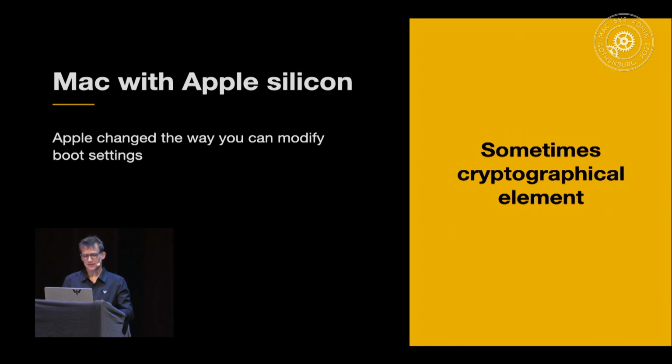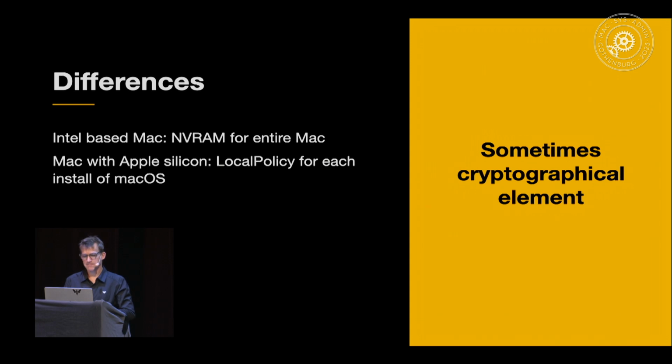For a Mac with Apple Silicon, Apple changed the way that you can modify boot settings. Back to the Mac with Intel, we wrote those settings to NVRAM on the Mac, and it affected the entire boot process of the Mac, no matter what operating system you used. For a Mac with Apple Silicon, it's a little bit different. There's something called local policy that affects a specific installation of macOS.